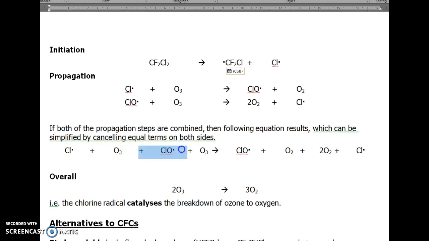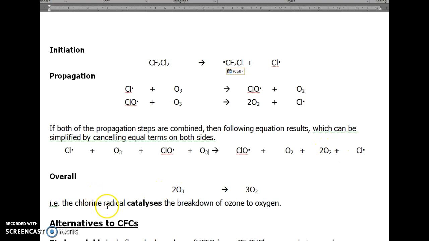There's a ClO dot here and the ClO dot on the right hand side. We can get rid of them. So ultimately we're left with two ozone molecules breaking down to give three oxygen molecules.